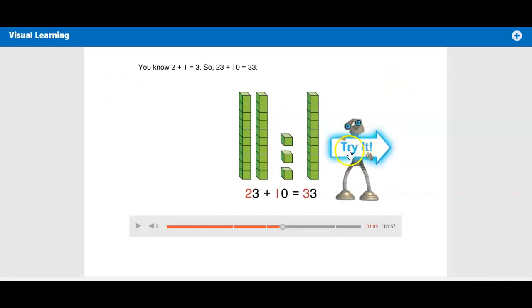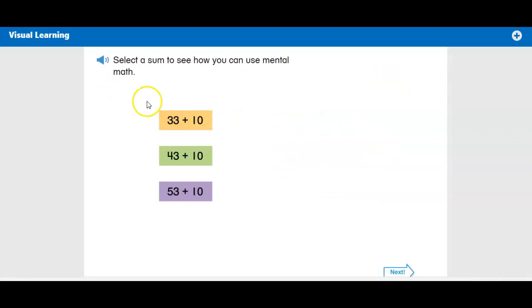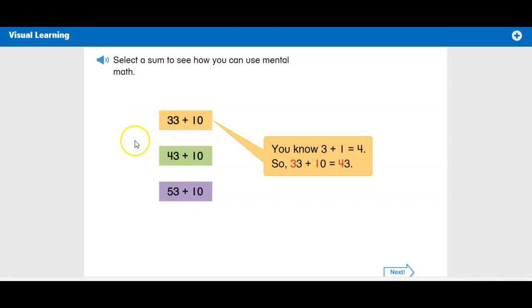Let's try it. Select a sum to see how you can use mental math. Let's pick 33 plus 10. You know 3 plus 1 equals 4. So, 33 plus 10 equals 43. Let's do 43 plus 10.